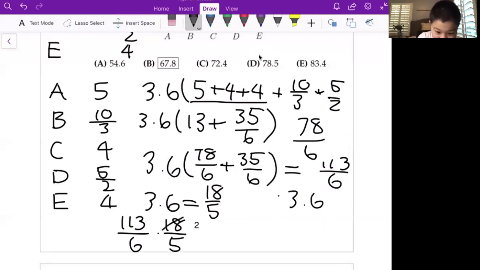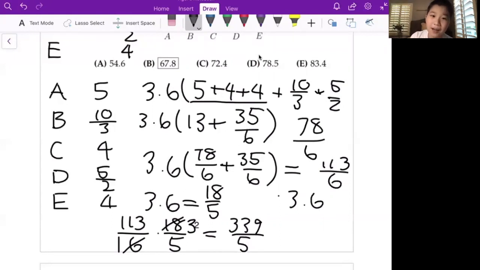This 18 and this 6, well, we can divide this by 6 to get 1. We can divide 18 by 6 to get 3. So we're left with 113 times 3 is 339. And then divided by 5.